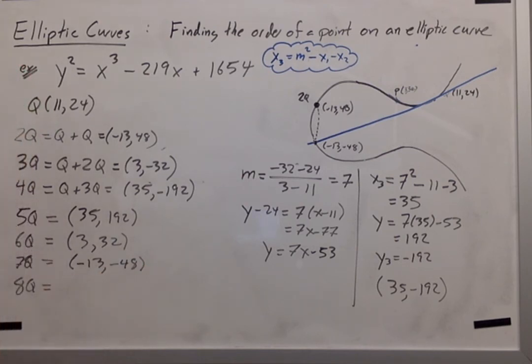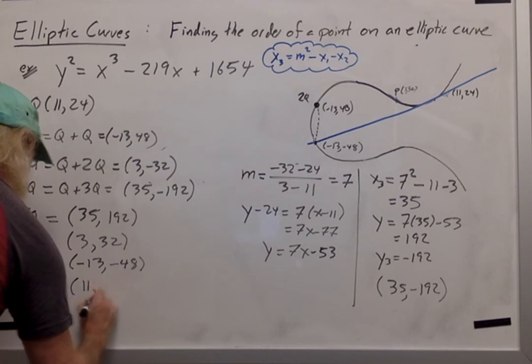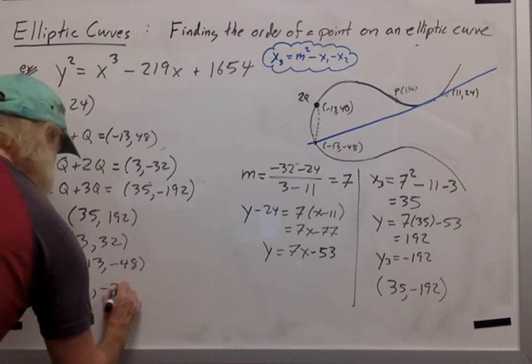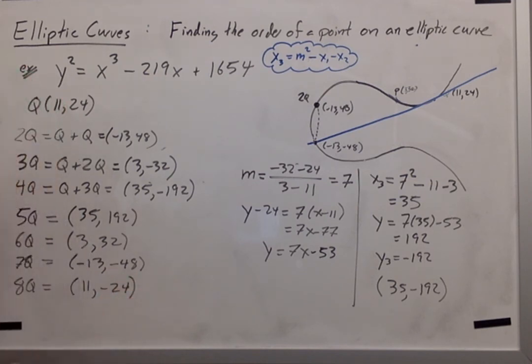For 8Q, (11, negative 24). And then finally 9Q is going to be Q plus 8Q, and notice that those two points lie on the same vertical line. So that means that 9Q is the point at infinity, which we call 0, or call O.